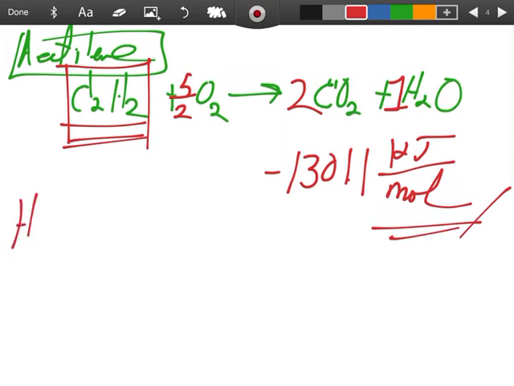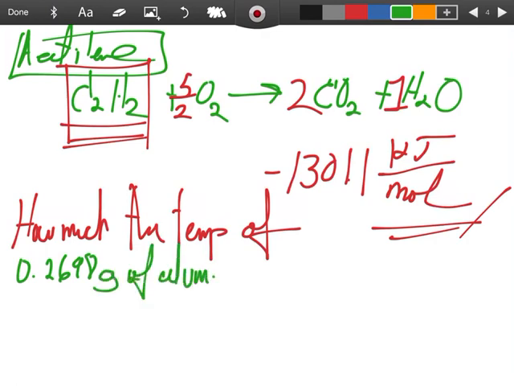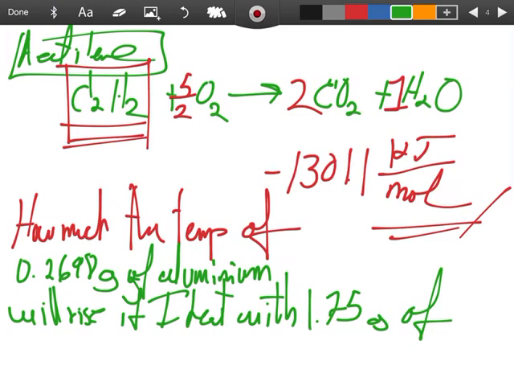And let's say how much the temperature of 0.2698 grams of aluminum will rise if I heat it with 1.75 grams of acetylene, right?